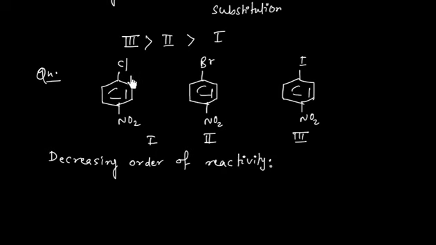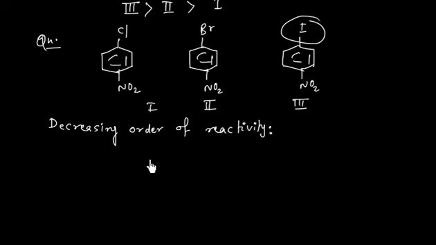So in this case we have to see which one is the best leaving group. Iodine is the best leaving group, then bromine, and then chlorine. So the third one is most reactive, then the second one, and then the first one.